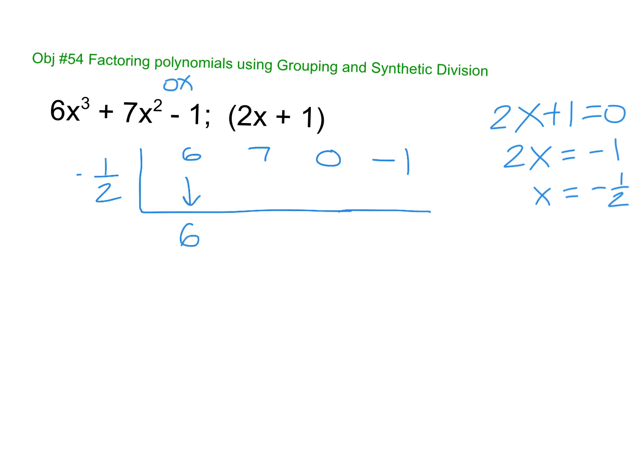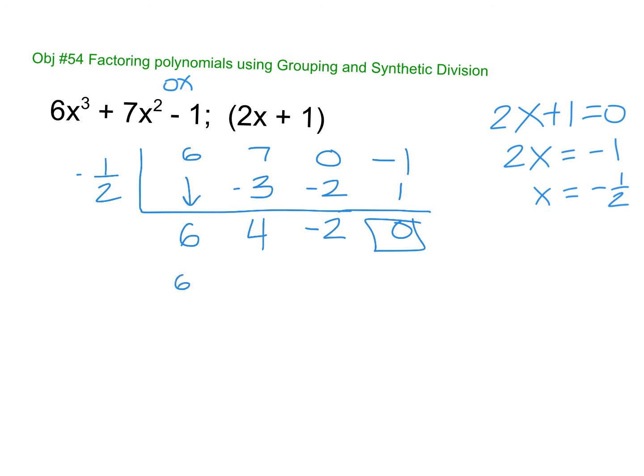All right. So we bring our 6 down. What's half of 6? 3. But it's negative because of the negative 1/2. Combine down, 4. Half of 4 is 2, and it's negative. Bring it down. Half of 2 is 1. I have a double negative, right? Negative 1/2 times negative 2 is positive 1.